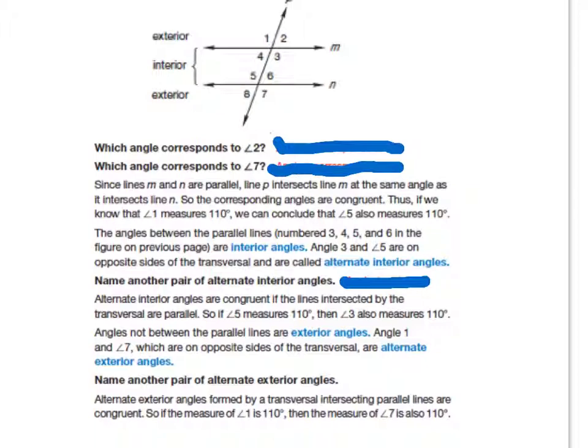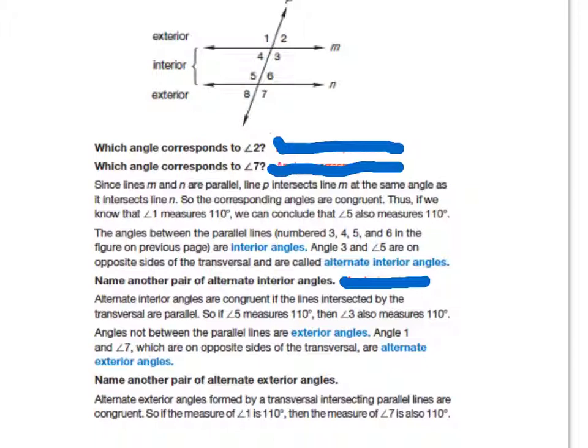So if 5 up here measures 110, then we can say that 3 is also 110. Because remember, 5 corresponded to 7, and 1 to 3, and 5 to 1, and 7 to 3. So it's like they're all related. All right? Again, like I said, this is like a giant puzzle.